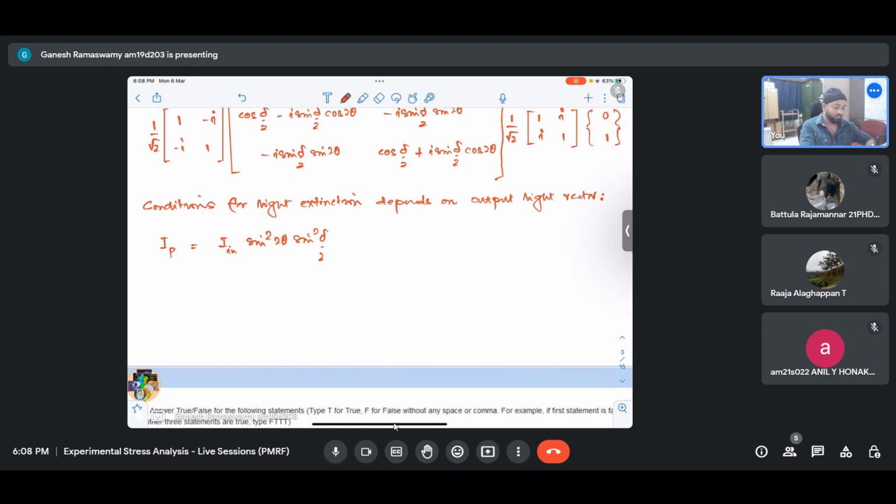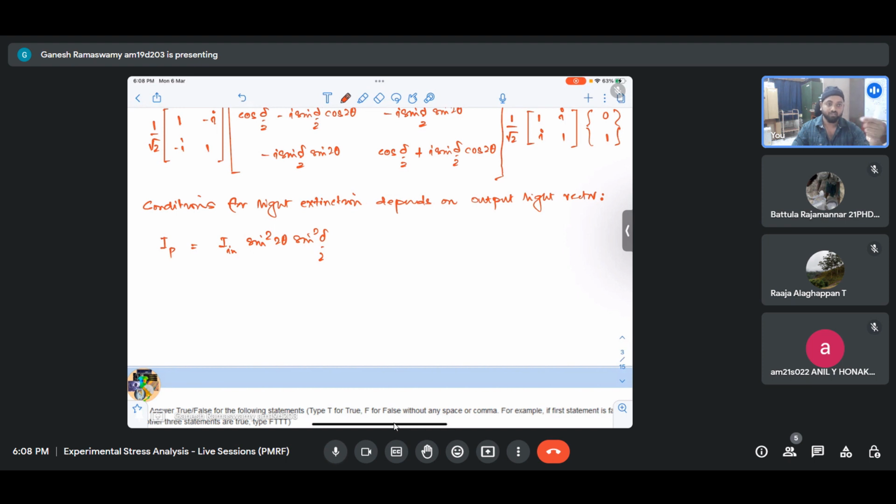Otherwise, it could also be so when the light is passing through as a full wave plate, meaning that we have sine square delta by 2 equal to 0, which happens when we have integer retardations, meaning the model behaves like a full wave plate at those particular points. This is the case of a plane polariscope.